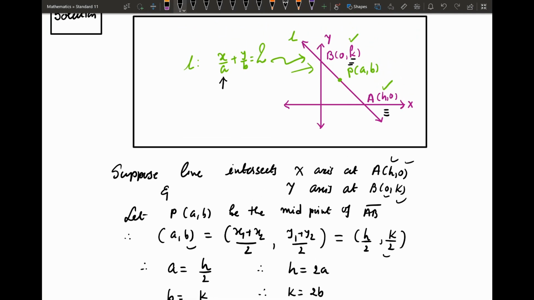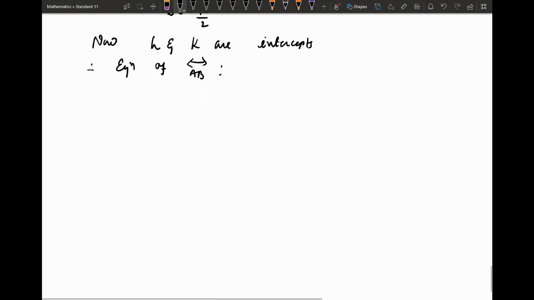So put a equal to h as the x intercept and b equal to k as the y intercept, and use the standard form x by a plus y by b equal to 1. So x by h, because h is the x intercept, plus y by k, equal to 1.